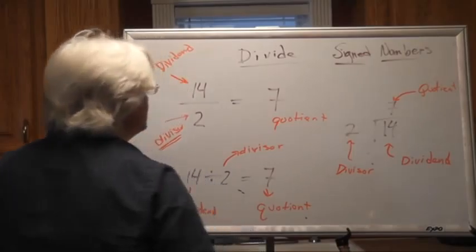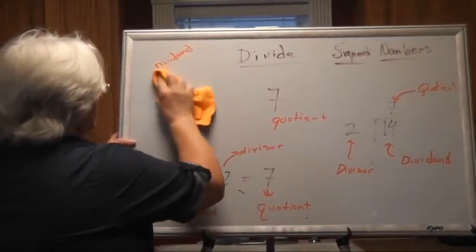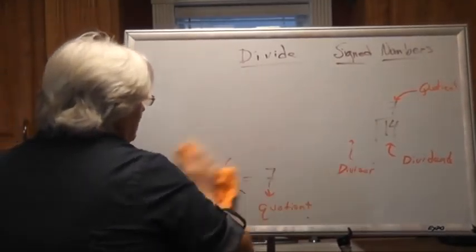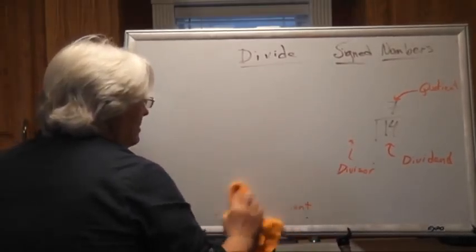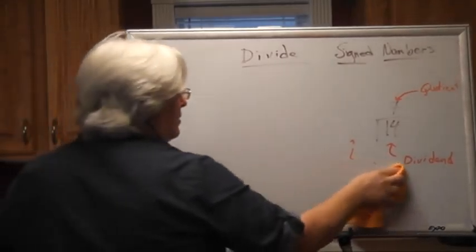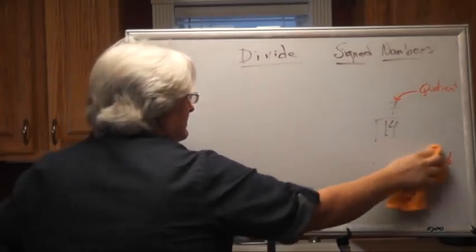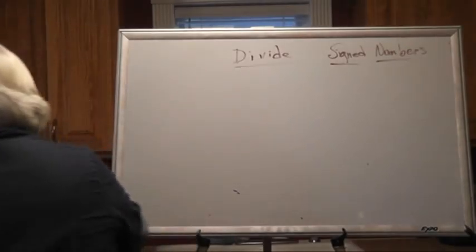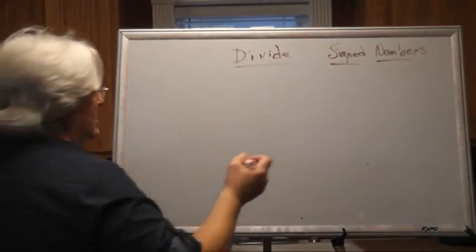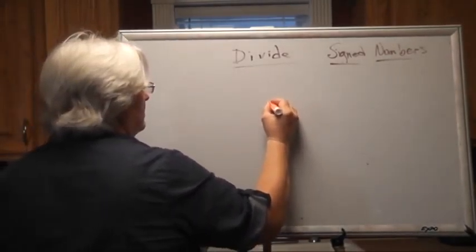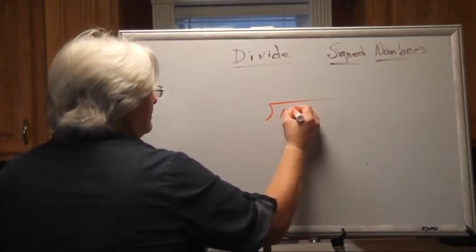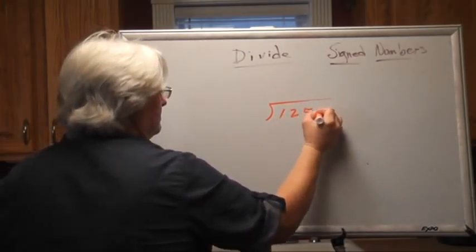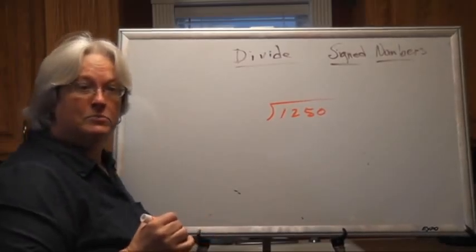So let's see what happens. You'll remember when you began doing long division, and they called it long division because, you remember back to probably 4th grade, I'm just going to do a number here that's pretty quick.